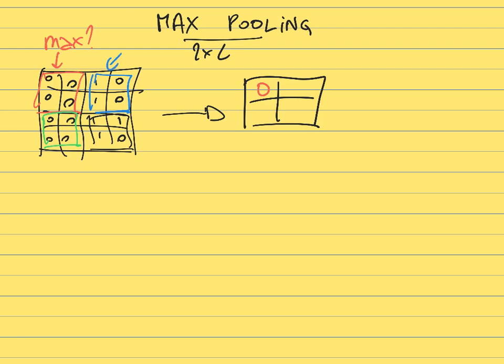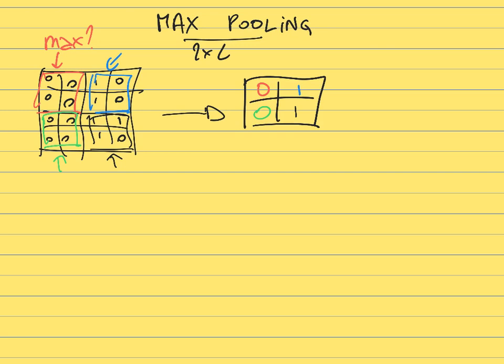Then here the maximum value will be 1. Then here the maximum value is just 0. And here the maximum value is also equal to 1. So what the max pooling does is that it breaks down the image into groups of pixels, and it looks at whether something has been detected or not. It just looks at the maximum value.